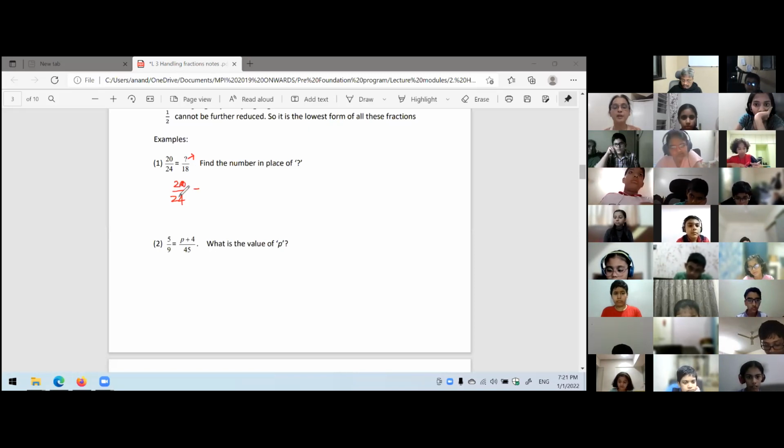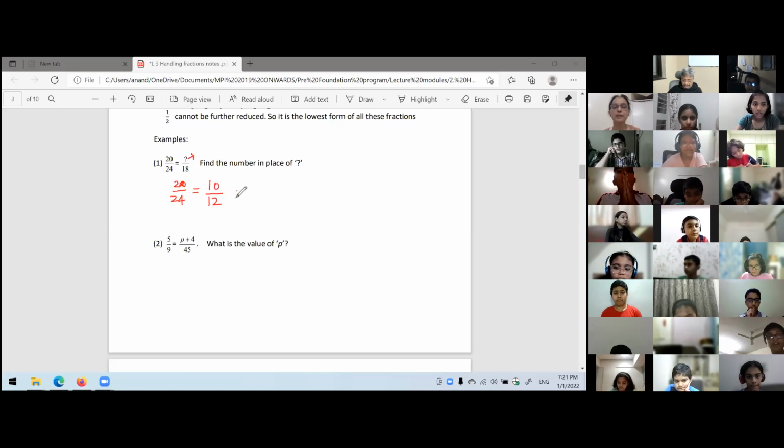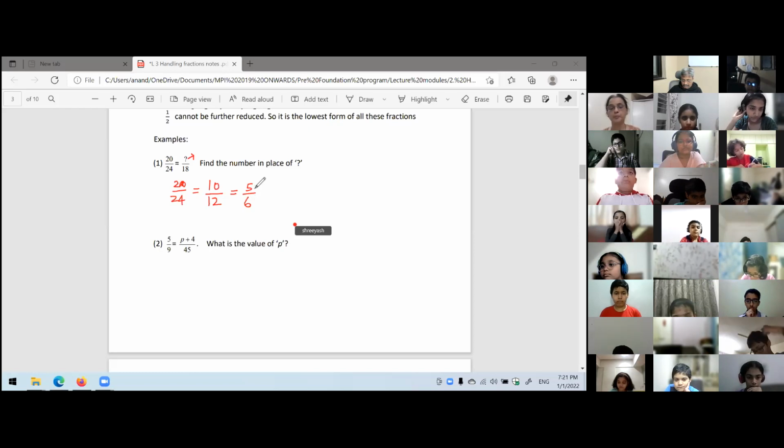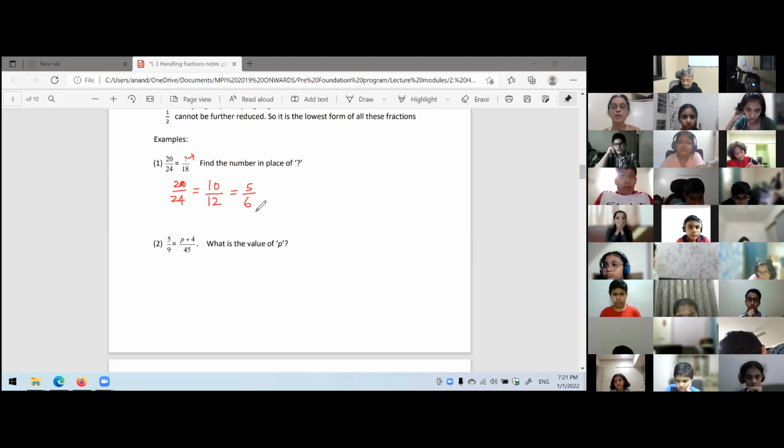So I can start with the smallest. If I divide both by 2, then I will get 10 upon 12. Can I further divide it by 2? Yes. Then I will get 5 upon 6. Can I further divide by something? No. So 5 upon 6 becomes the lowest form of this fraction.